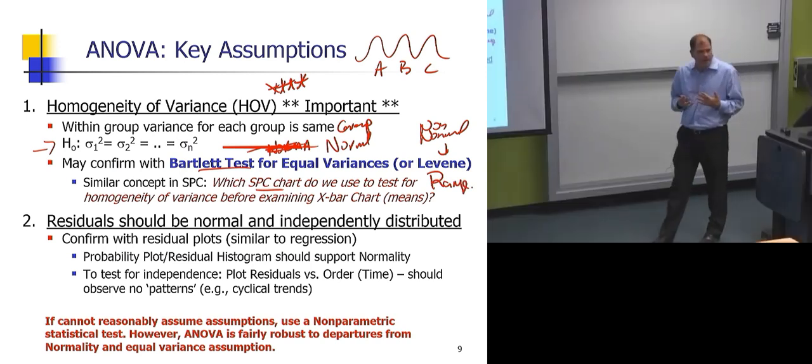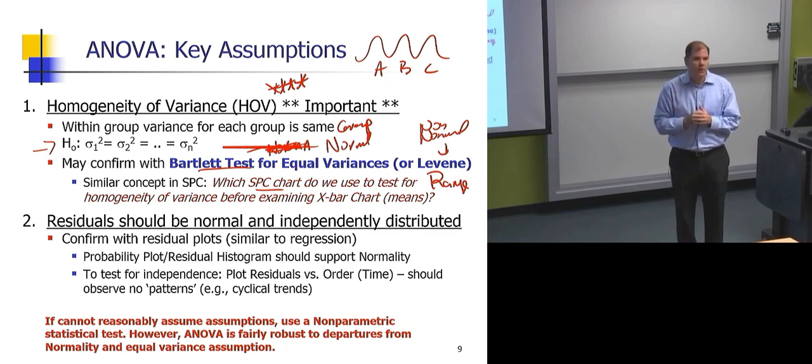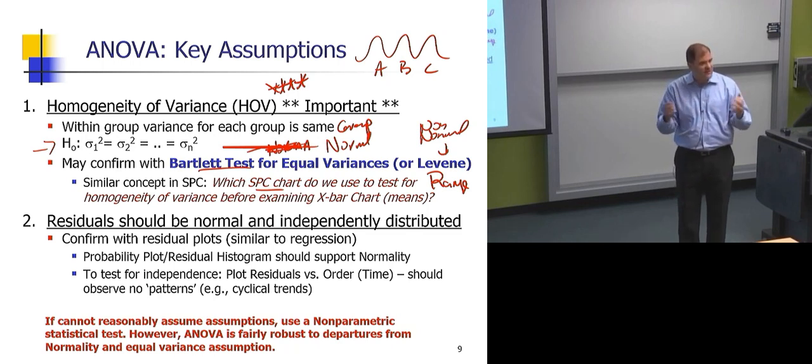All right, if you step back and think about that, range chart is a test of homogeneity of variance. You want to have the within group variability as assessed using a range chart in control before we start to evaluate the X bar chart. We mentioned before, if the range chart's out of control, then what happens to the control limits on an X bar chart?